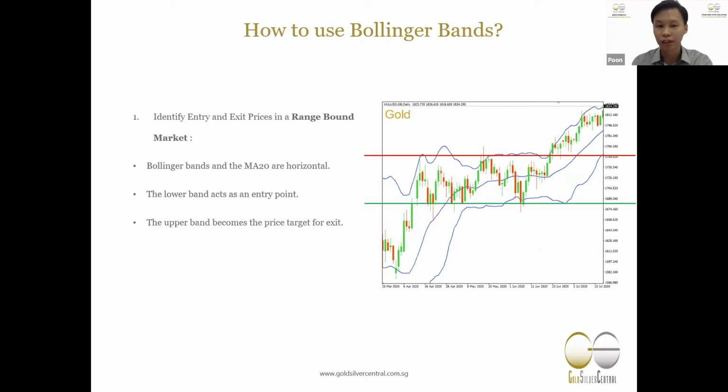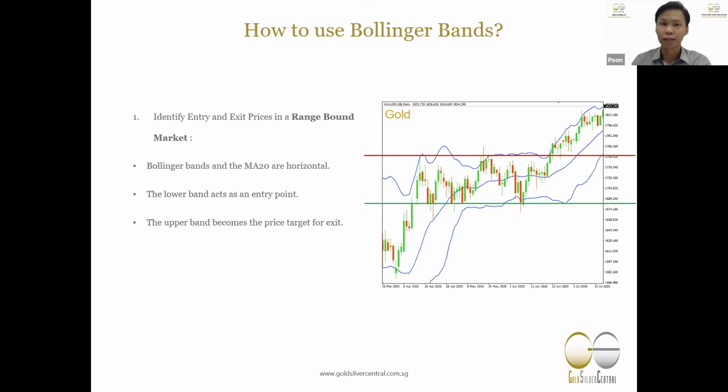So in this kind of market condition, the concept of buying at the bottom band and then selling at the upper band works. But if you do that on the trending market, you're most likely going to see very undesirable results. So in the graph, you can see I drew a straight line for better illustration. The prices are moving sideways, and then when they touch the upper band, they'll come down to the lower band, and so on and so forth.